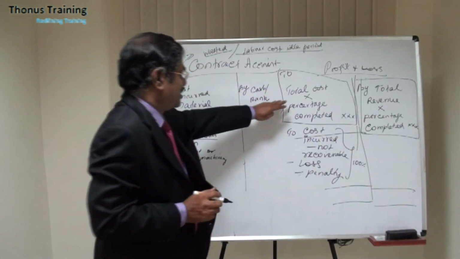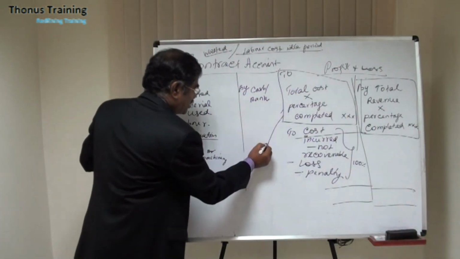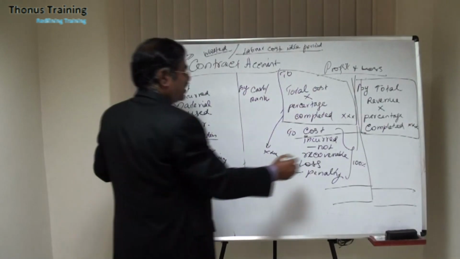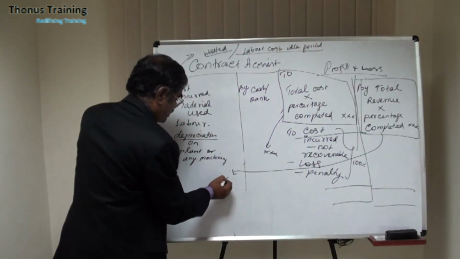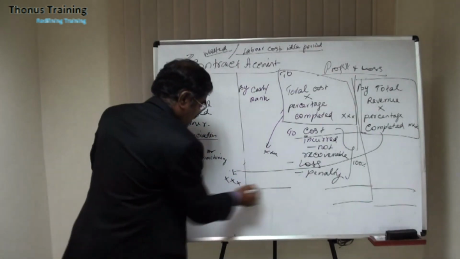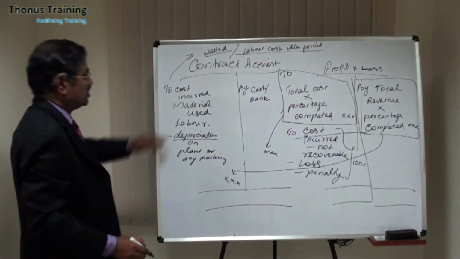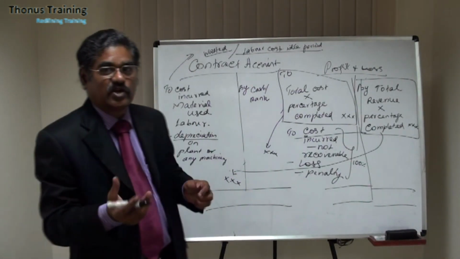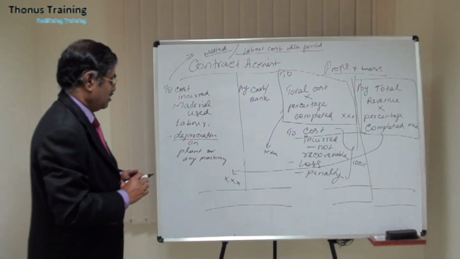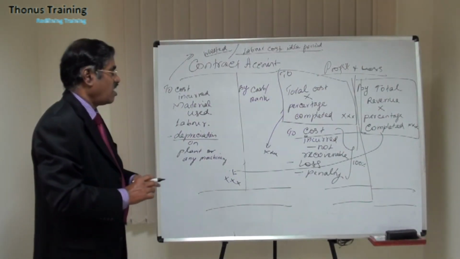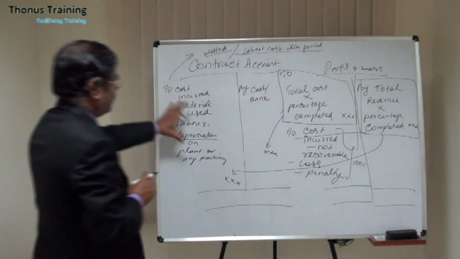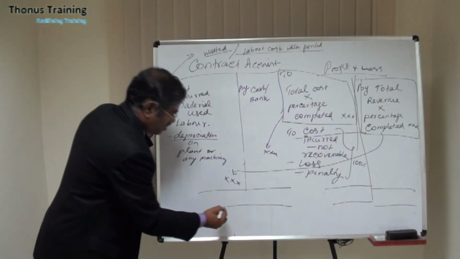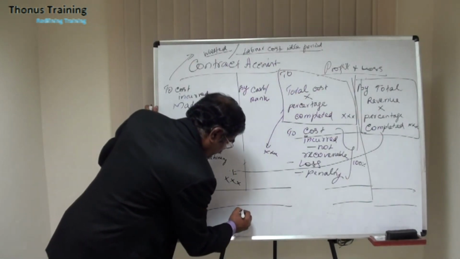Now you have a debit here, so the corresponding credit should come in this account, and you have a credit here, so there is a revenue that should come as a debit in this account. Now this account is balanced, and that represents money due from the contractee or the money due to the customer. So it tells you whether the money is due by you or due to the customer.